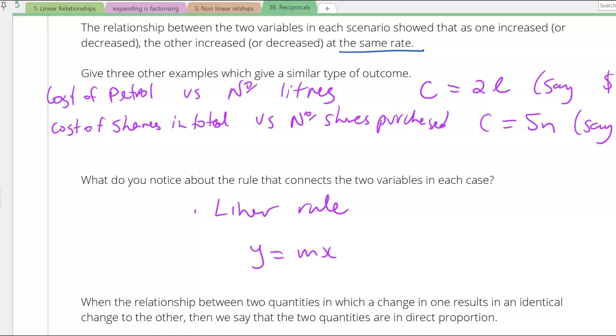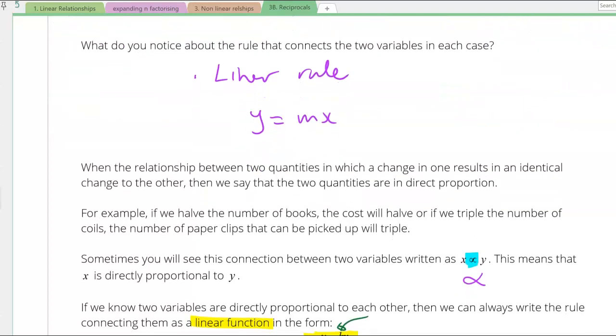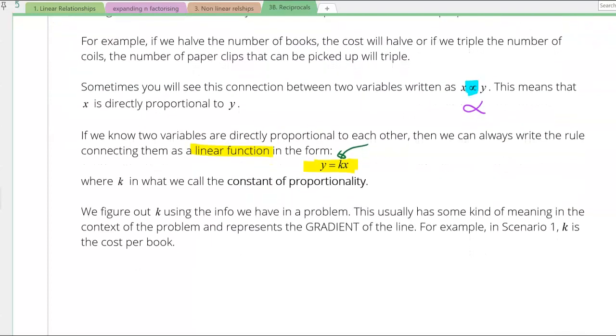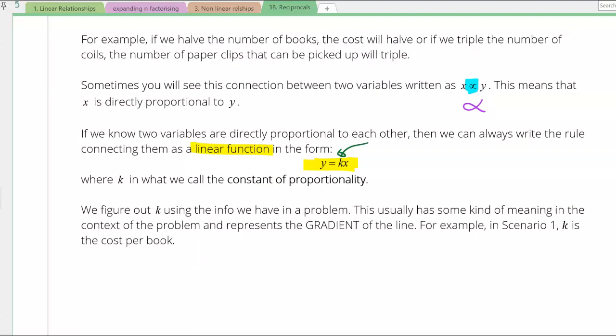Like the coil question, that constant was 2 because twice as many paper clips could be picked up as the number of coils. So it's the number of paper clips per coil. Still a rate there.